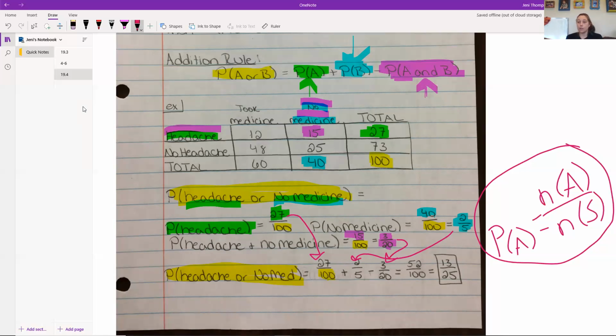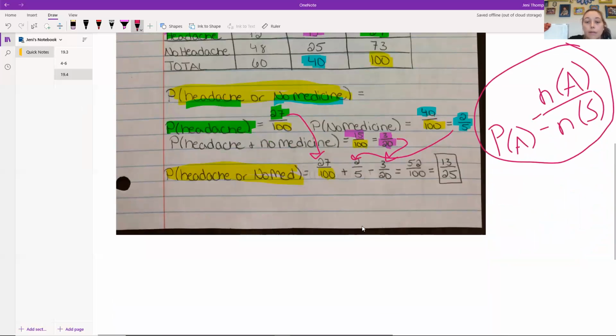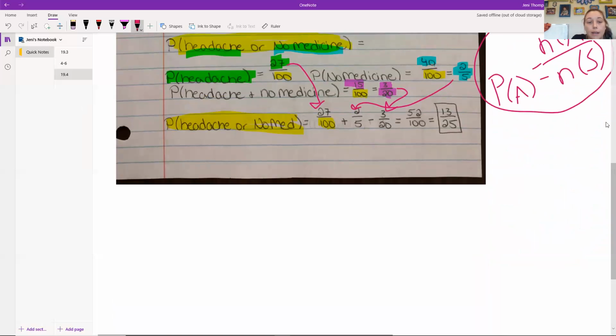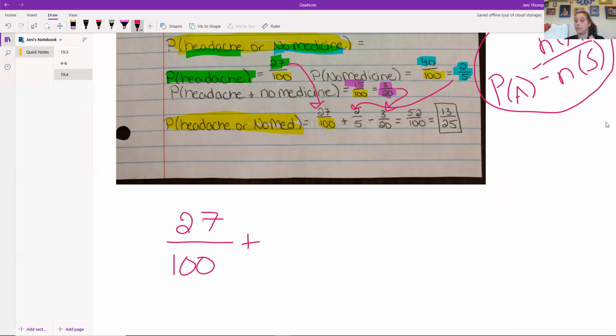And now we're just adding and subtracting fractions. So we had 27 over 100 plus 2 over 5. I need the denominators to be the same so that I can add them together.